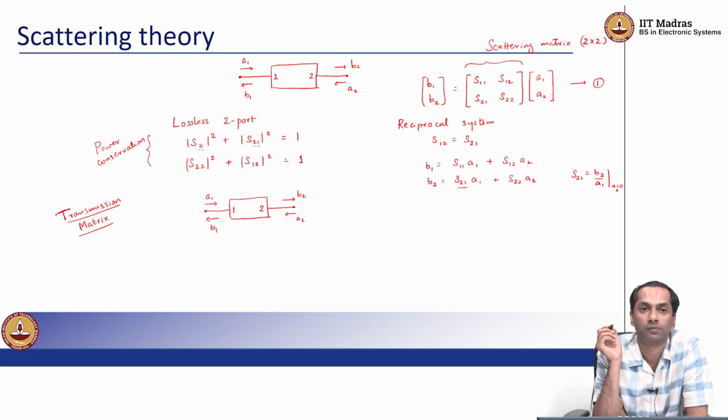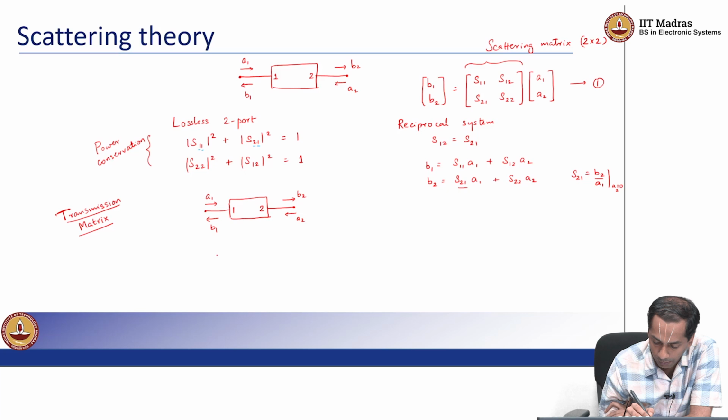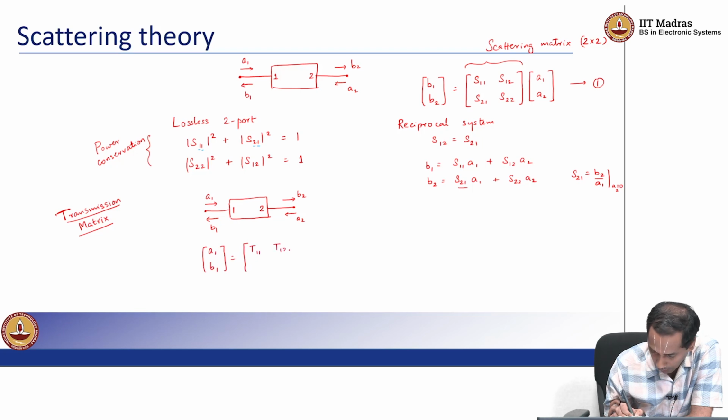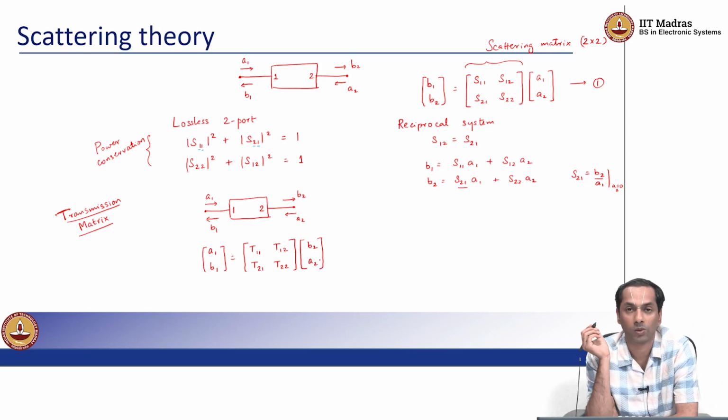We'll define the T matrix this way: A1, B1 is equal to the matrix T11, T12, T21, T22 times B2, A2.